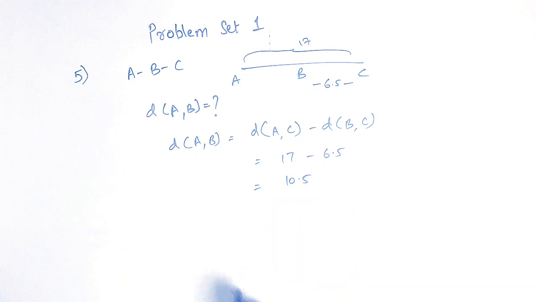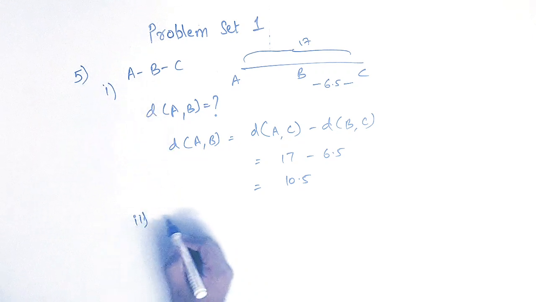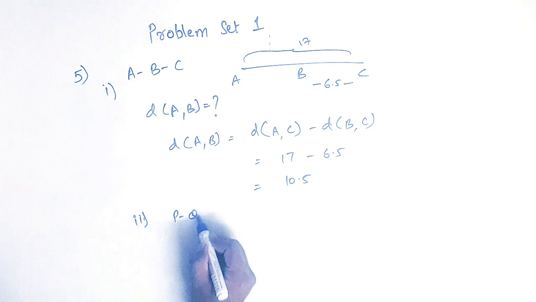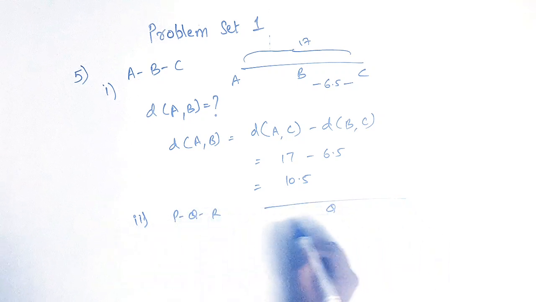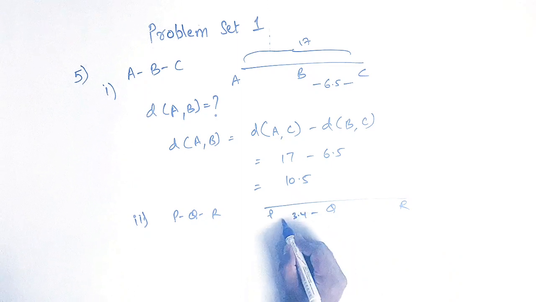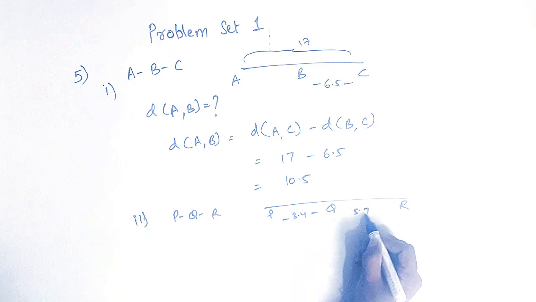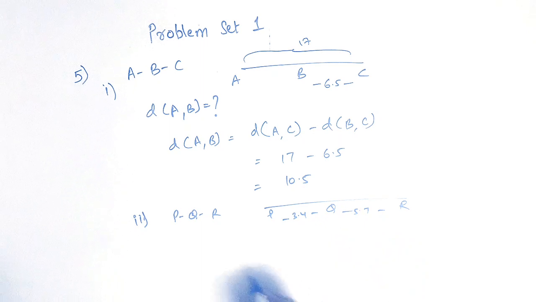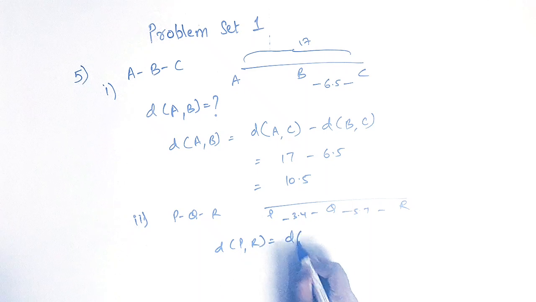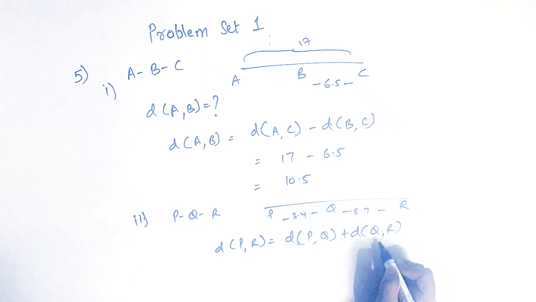Okay, then let us see second one. This is first, this is second, where it says P dash Q dash R. So it means Q is between P and R. Okay, PQ is 3.4 and QR is 5.7. So what is distance PR? Very simple. Distance PR is equal to distance PQ plus distance QR.